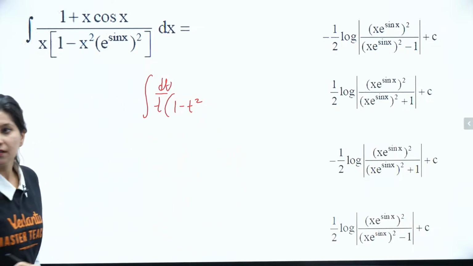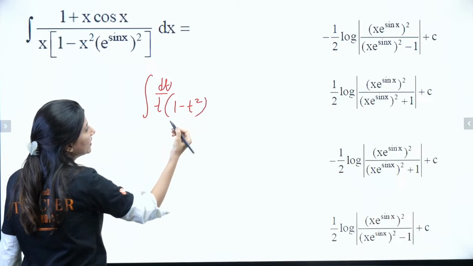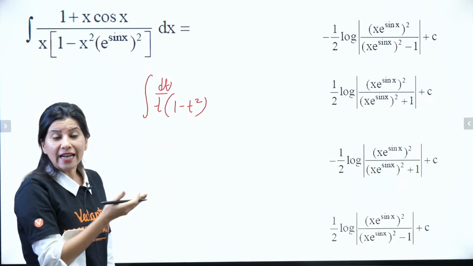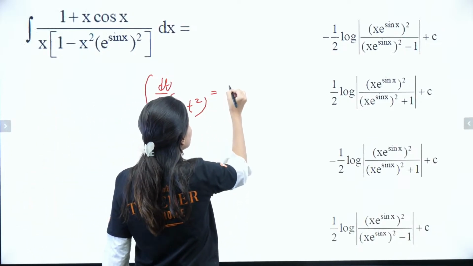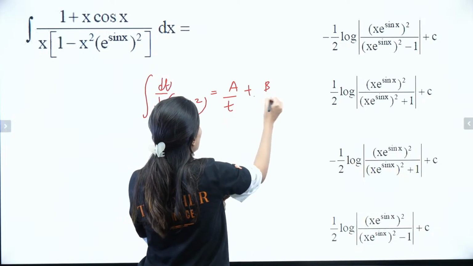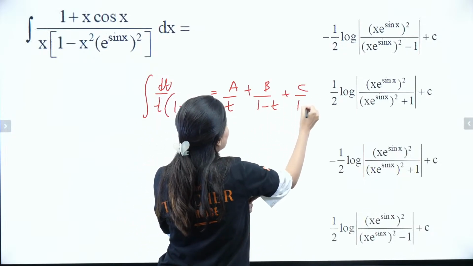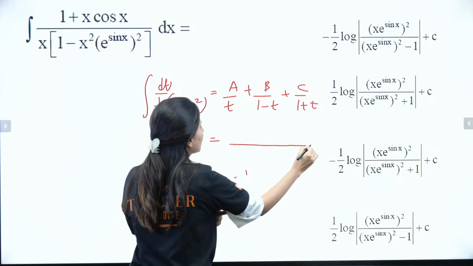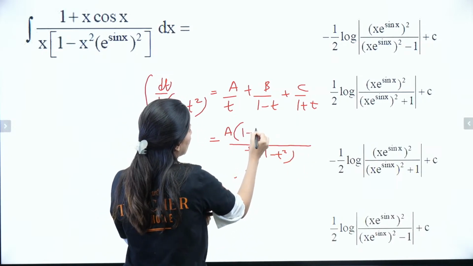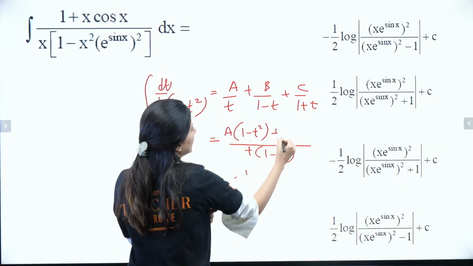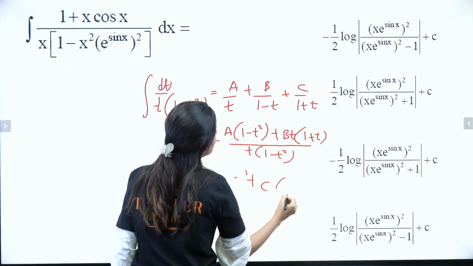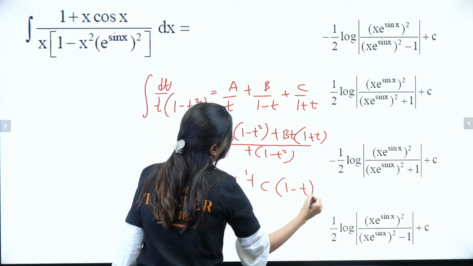Right? Okay. And what we can do right now is write it in terms of partial fractions. So that is going to be A by t plus B upon 1 minus t plus C upon 1 plus t. Right? Partial fractions. So 1 is equal to A times 1 minus t square, plus B times t into 1 plus t, and plus C times 1 minus t into t.